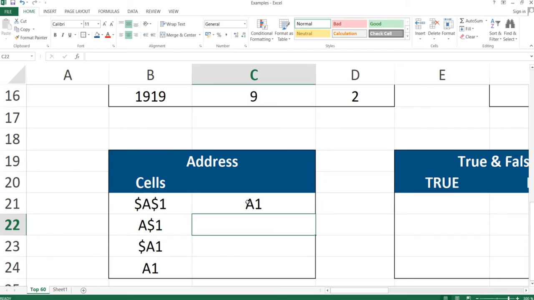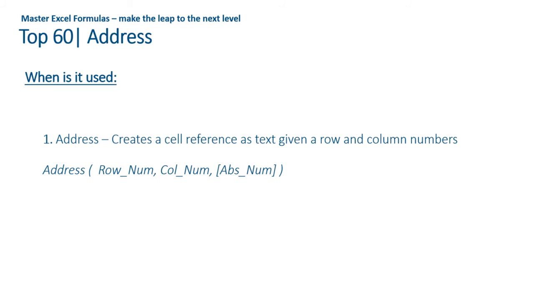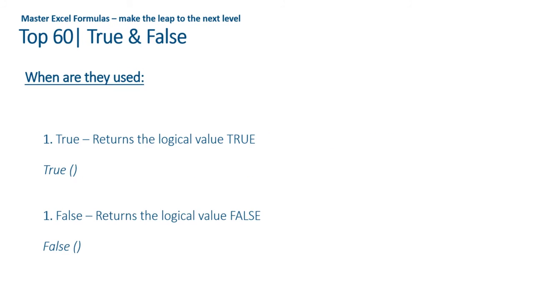And just going back to the presentation now, the next 2 formulas are TRUE and FALSE. I'm not really sure how often you will come across these formulas, or need to use them, but they're quite useful as well, especially when you need to put in a specific range, let's say the values of true or the values of false, etc.